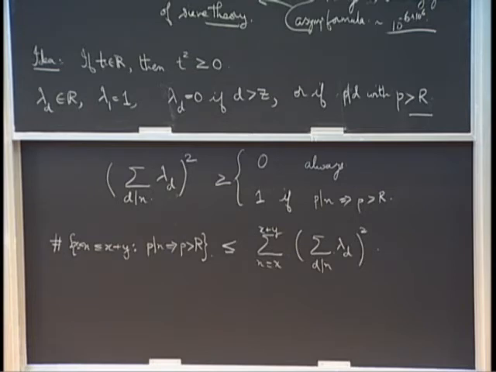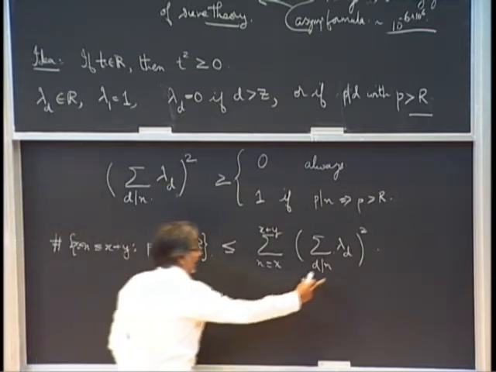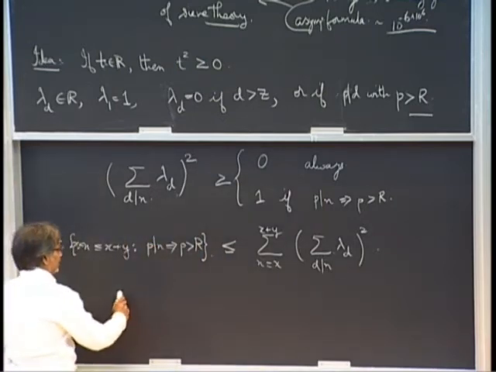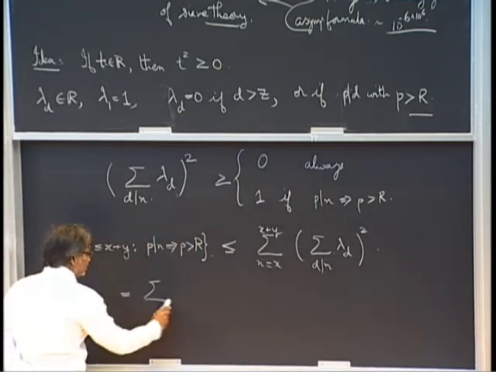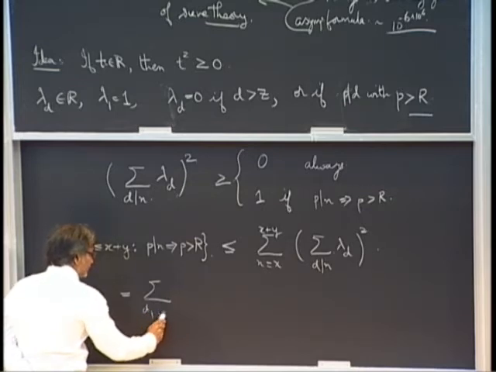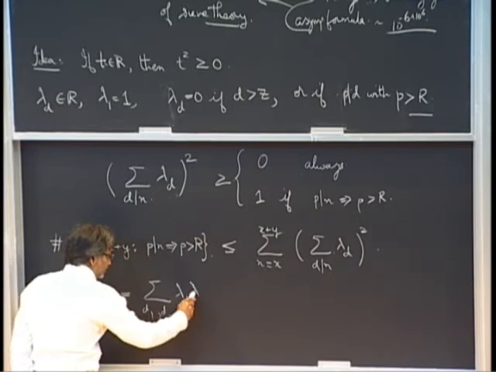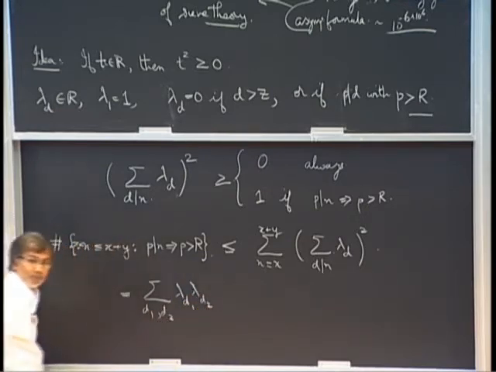Okay. And now let me expand this object out. So if I expand it out, I have two parameters, d1 and d2, lambda d1, lambda d2, right?